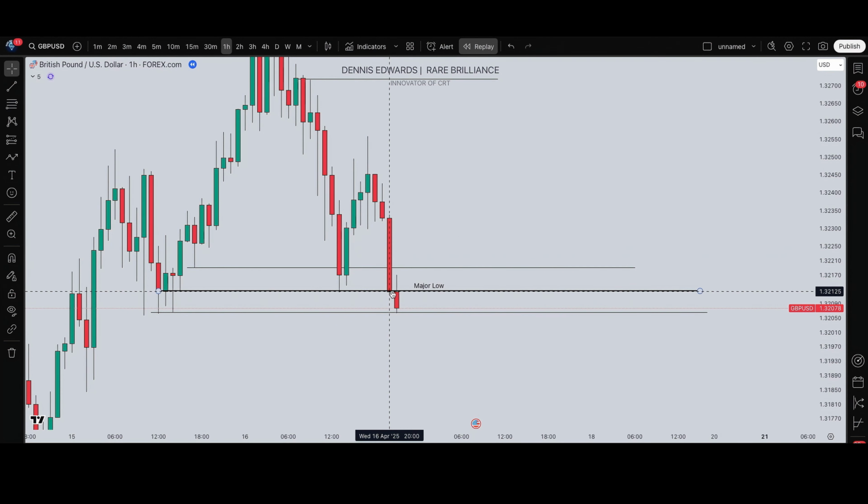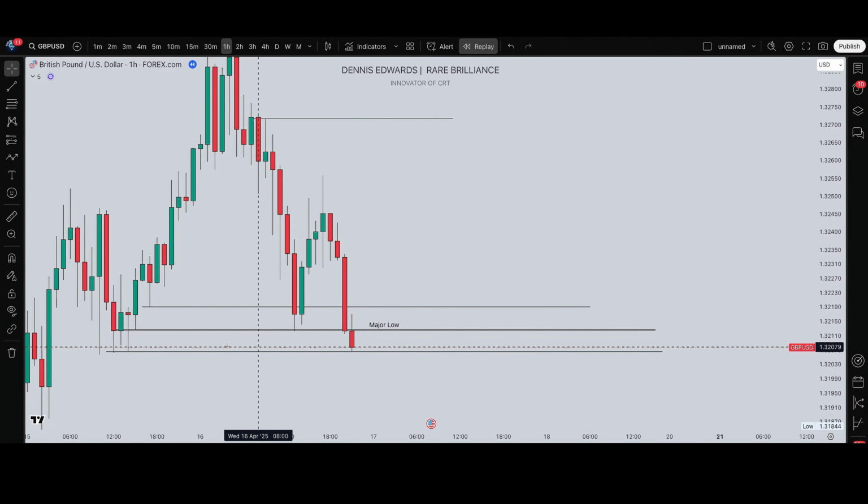We now see what I said to look for previously, a long body candle breaking through a liquidity area, right? We get that. So now we're waiting to see a long wick candle that shows liquidity has been grabbed, which it did. It came into my maximum area of liquidity that I had overall. So in this case, this would be your key level. Now let's see.